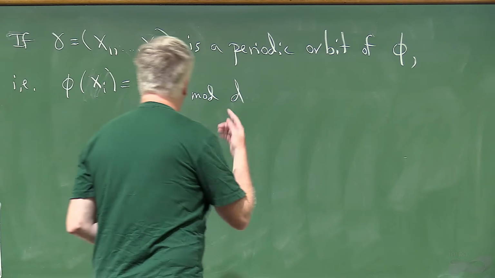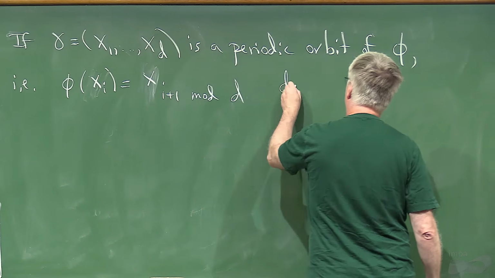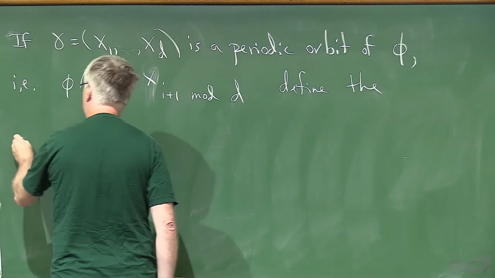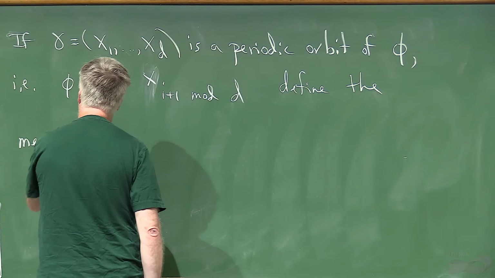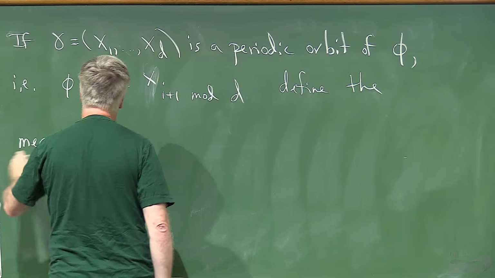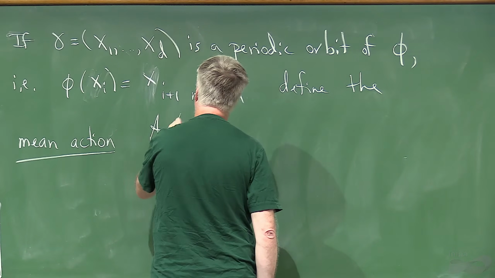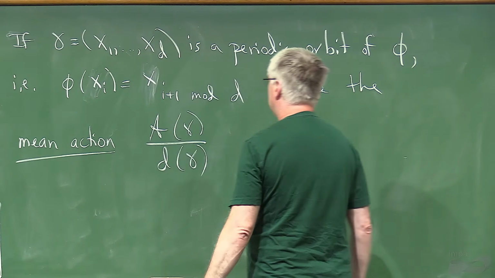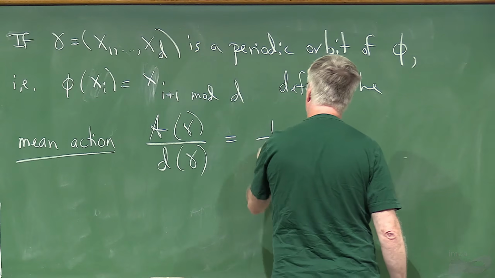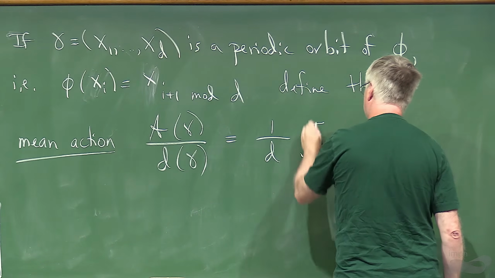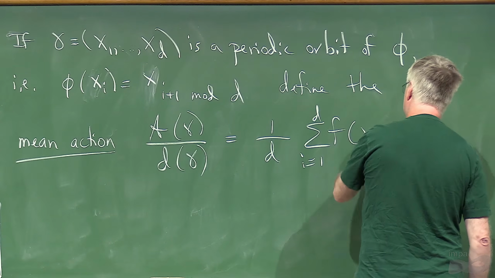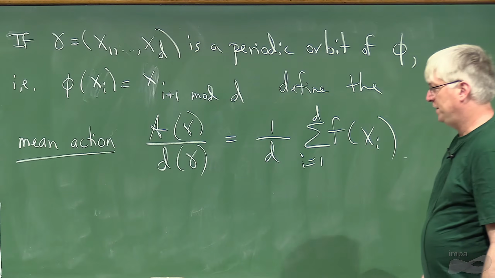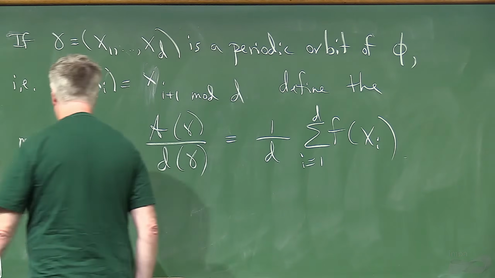Okay, so if I have a periodic orbit, to find the mean action, this is 1 over d times the sum from i equals 1 to d of f of x_i. So it's the average value of f on the periodic orbit.